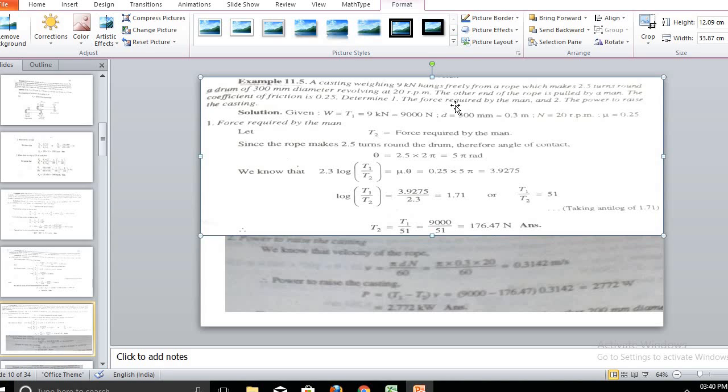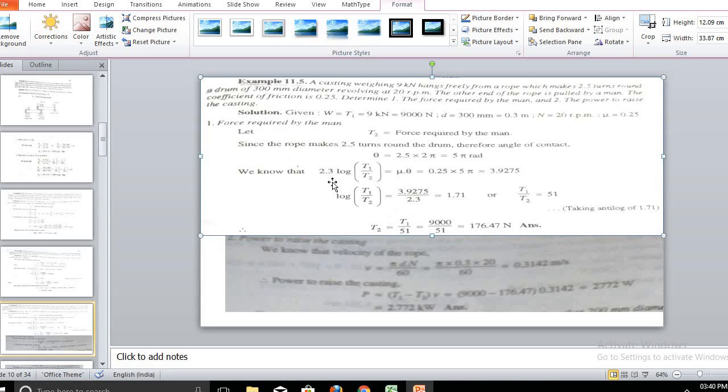So the force required by that man, which is nothing but the tension at the other end, we calculated as T2 equal to 176.47 Newton. And now the second asking quantity, the power to raise that casting.